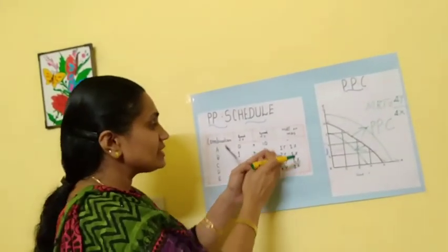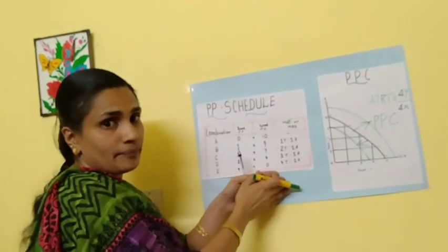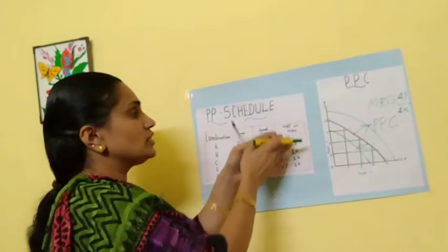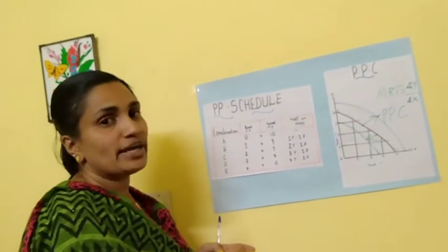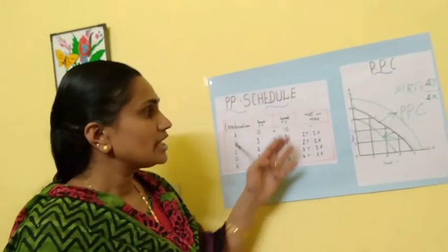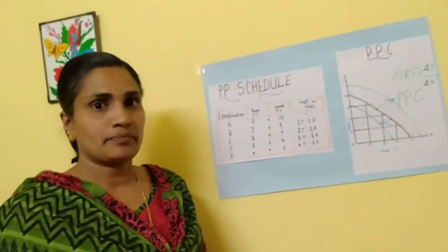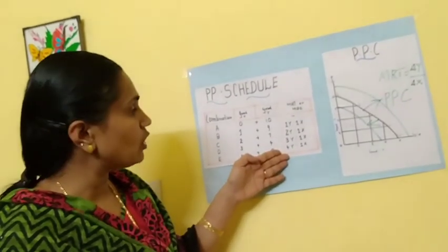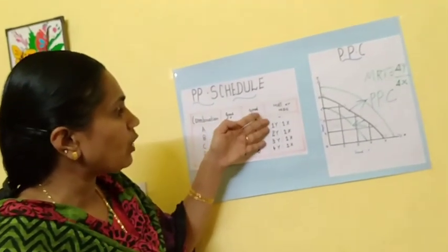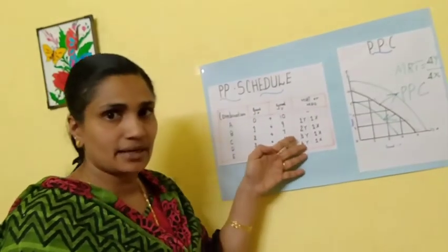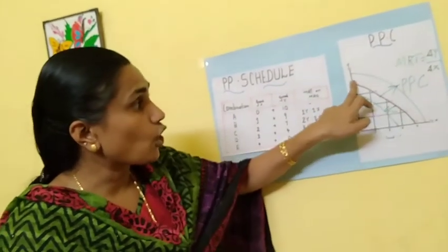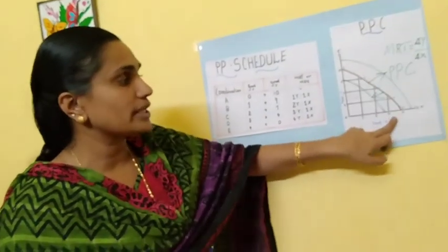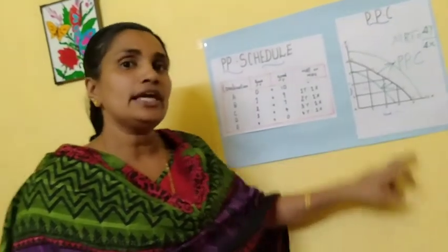So there is a constant change in y or x. At that time it will be a straight line. Or, instead of this increasing sacrifice of y, if the amount of y sacrificed is decreasing, then instead of this concave curve, we will get a convex curve.